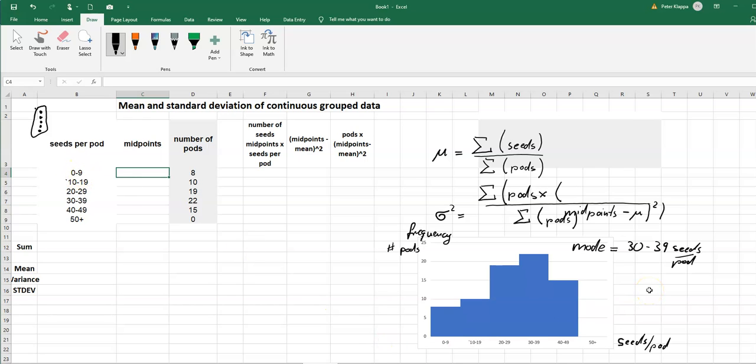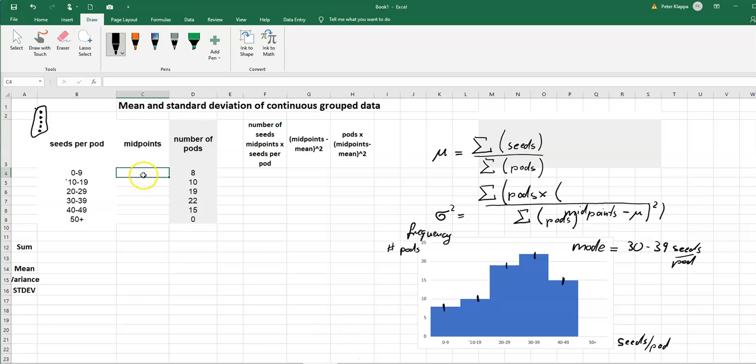And the midpoints would be actually exactly as it says, here in the middle of these categories. And we can very easily determine these midpoints. Now, the last category doesn't have a midpoint because it can be anything, but luckily we don't have any seeds in here.